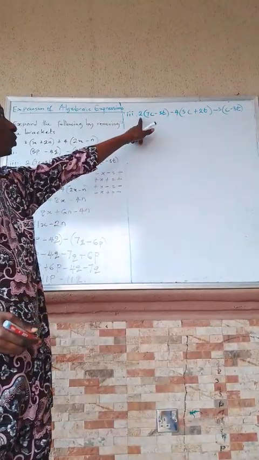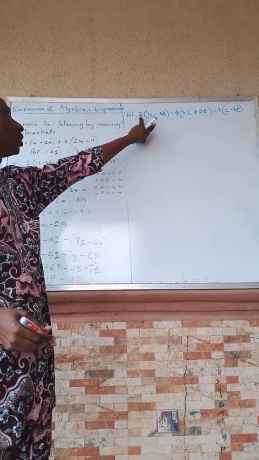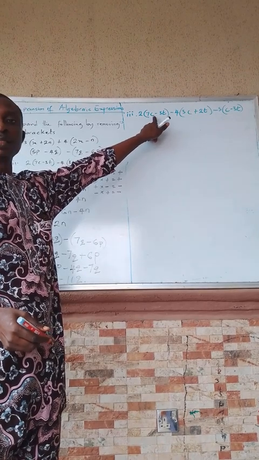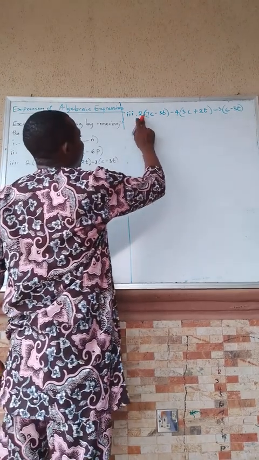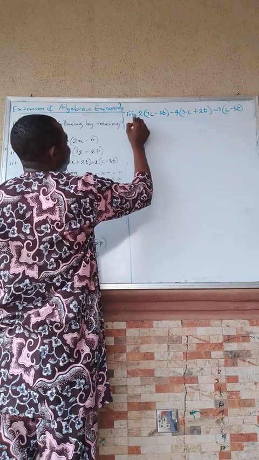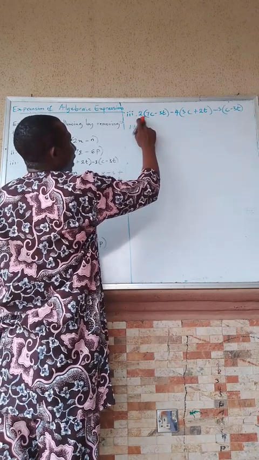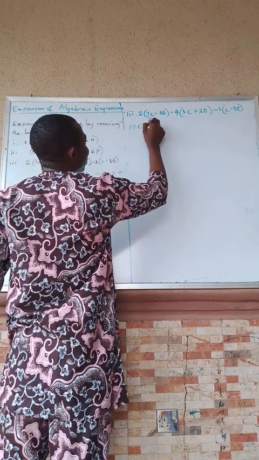How do we solve this problem? You open the bracket with this. You use these to multiply each term inside the bracket, just like we did here. So you have 2 times 7c. That gives you 14c. Now 2 times minus 3t. That is what? Minus 6t.